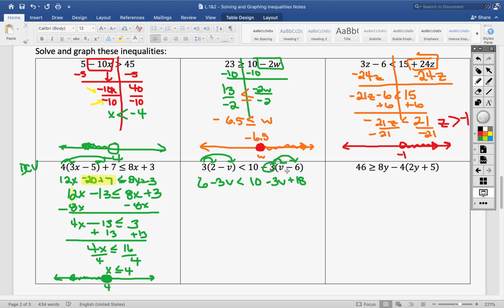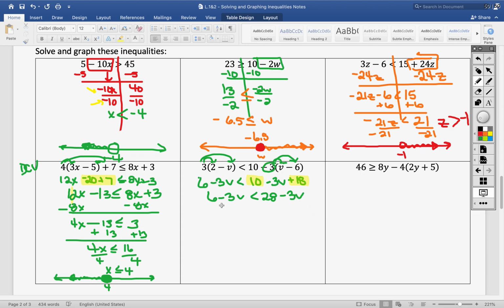Because a negative times a negative equals a positive. Then combine like terms. We're going to combine the 10 and the positive 18. That gives us 6 minus 3v is less than 28 minus 3v.